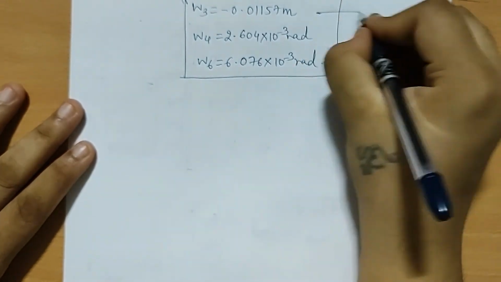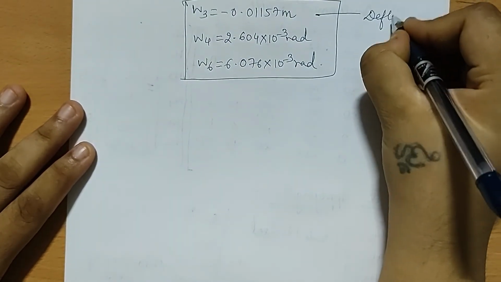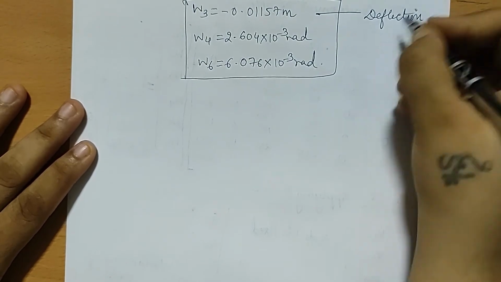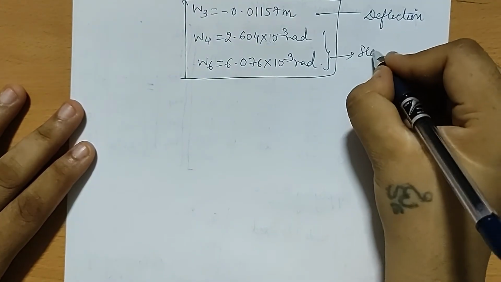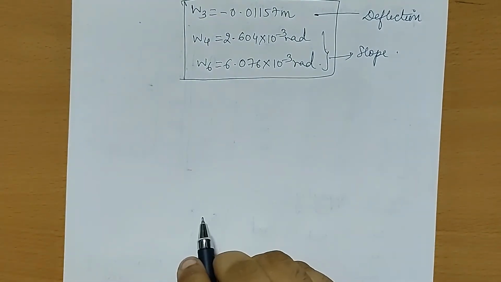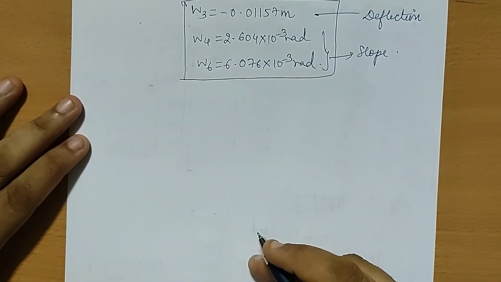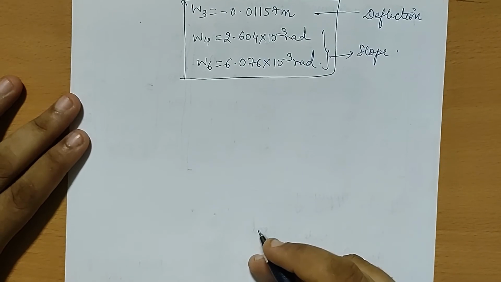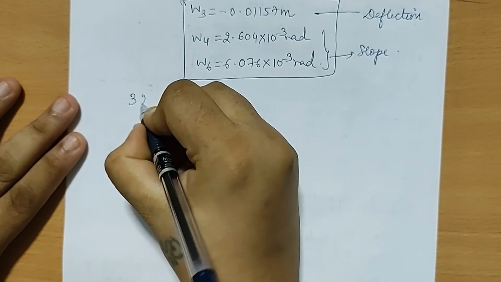Now if you observe carefully, this is deflection because it's an odd number, and these two are slopes. This is at node 2 and this is at node 3. Next I'll write the equations for calculating Q1, Q2 and Q5. I have 32.